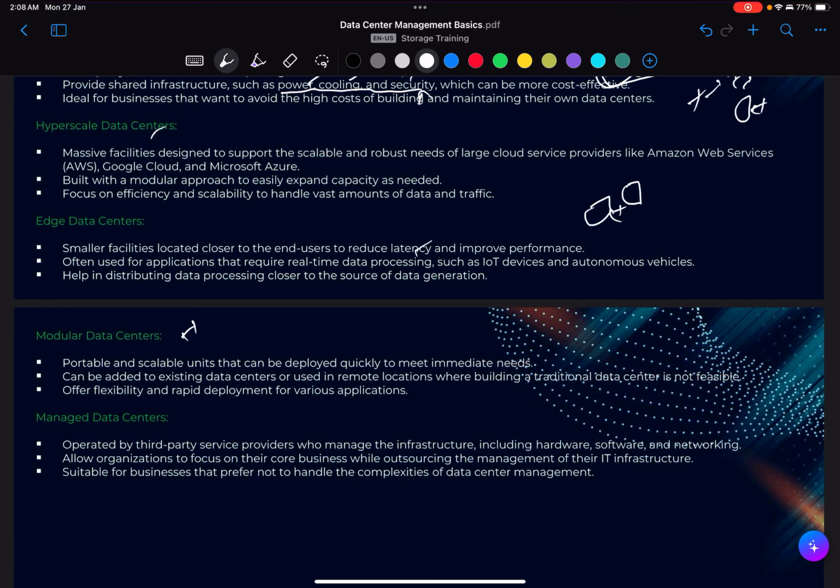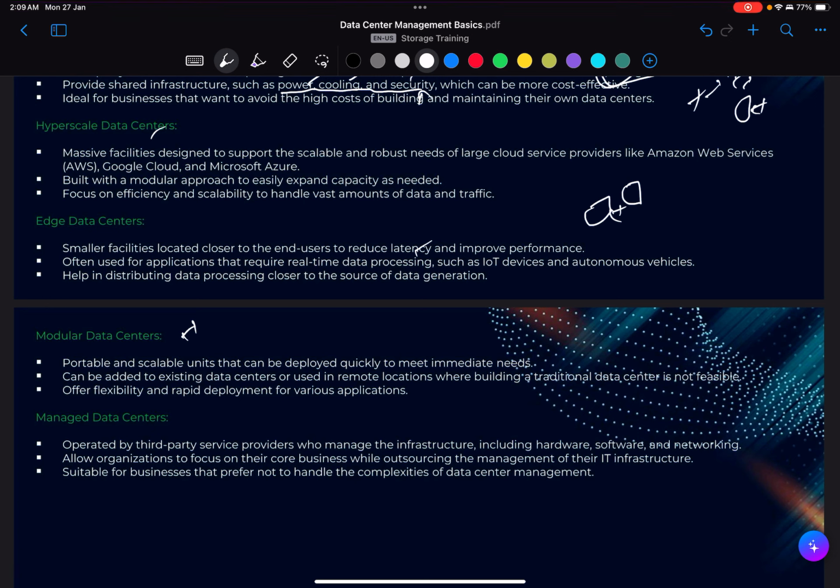So it depends upon the requirement. If you have a data center where you instantly require something, you can add that modular data center. Or somewhere you can't have a traditional data center, so you can have this kind of modular data center which can work.